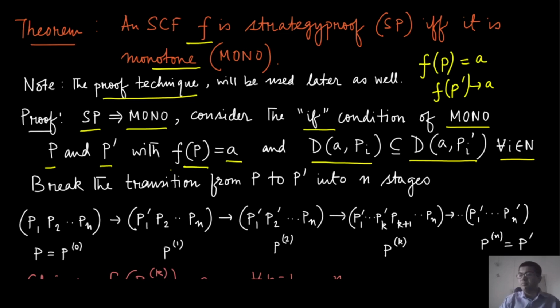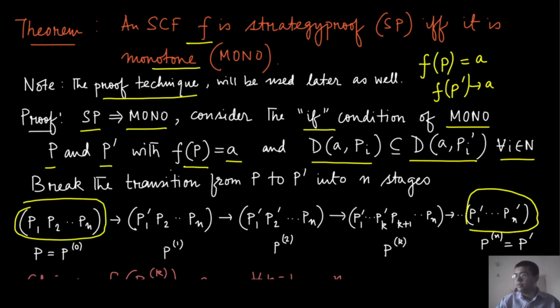We will actually look at the two extremes. So this is the preference profile P, and on the extreme right we have the preference profile P prime. And we'll make this transition one at a time. Let's say the first preference profile P is P superscript 0.